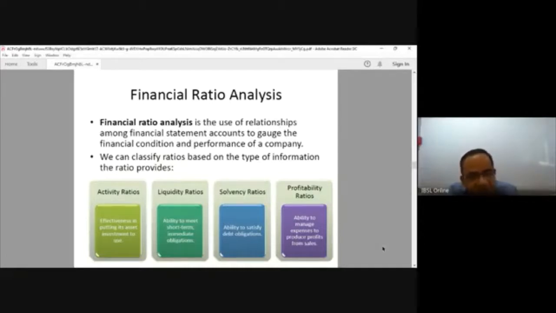So normally ratios fall under 4 headings. We look at activity ratios, liquidity ratios, solvency ratios, and profitability ratios.